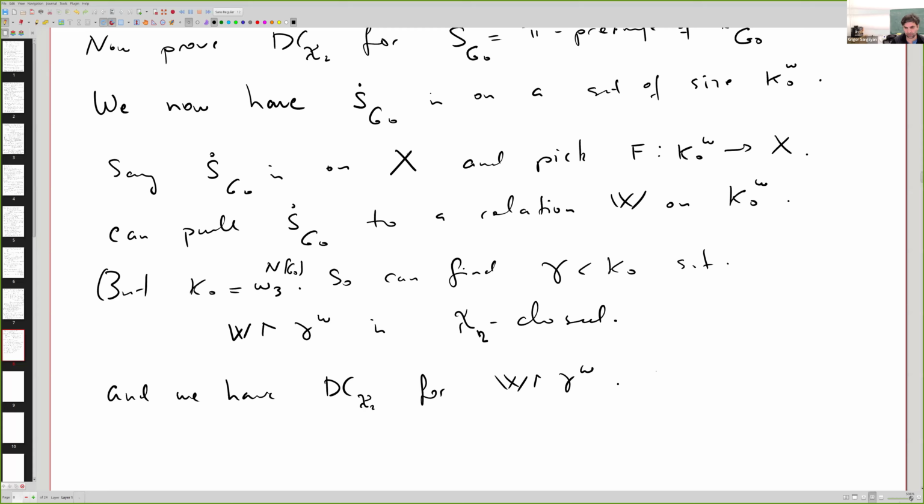So now apply the inverses of the embeddings, right? So now apply pi plus of F inverse to the branch, to the thread.